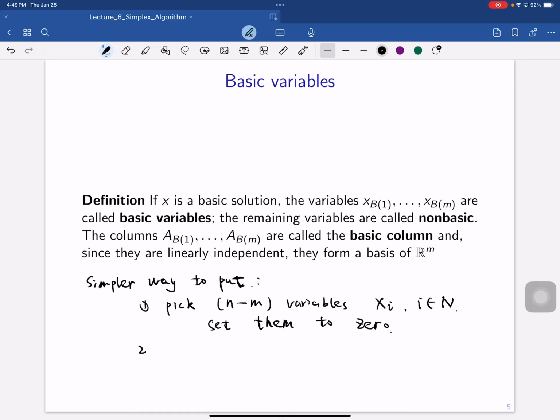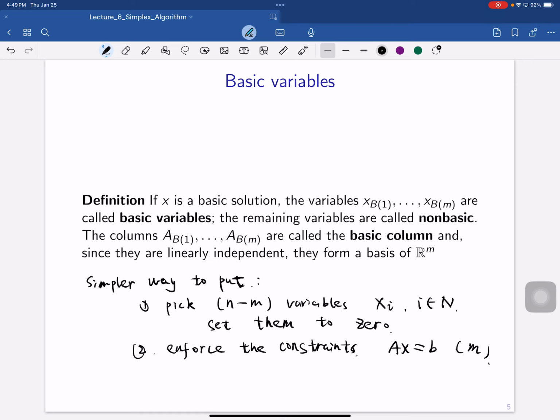And the second step is we need to enforce Ax equals b. Those are m constraints, the original constraints. And now in total, you have n linearly independent constraints.